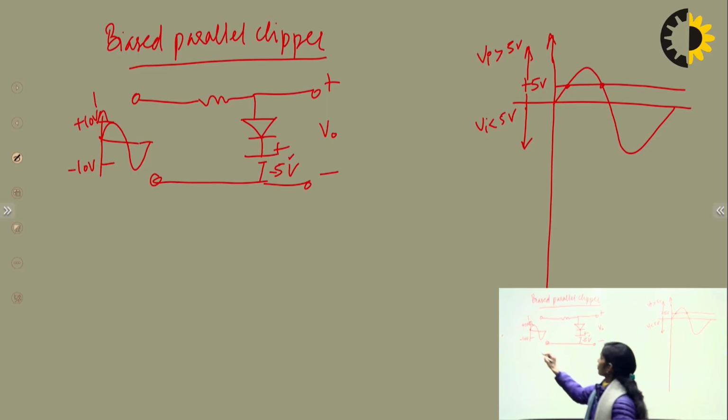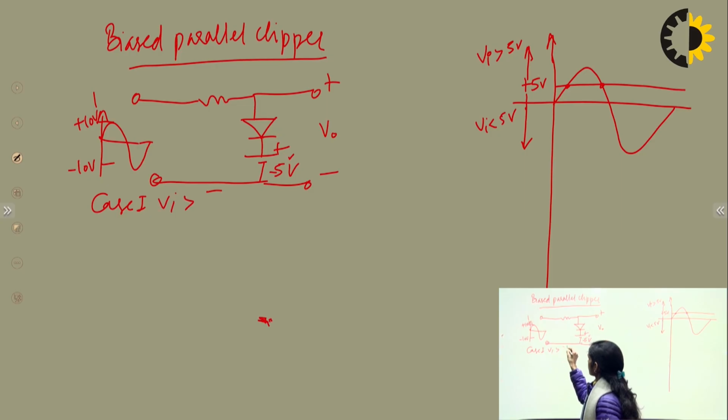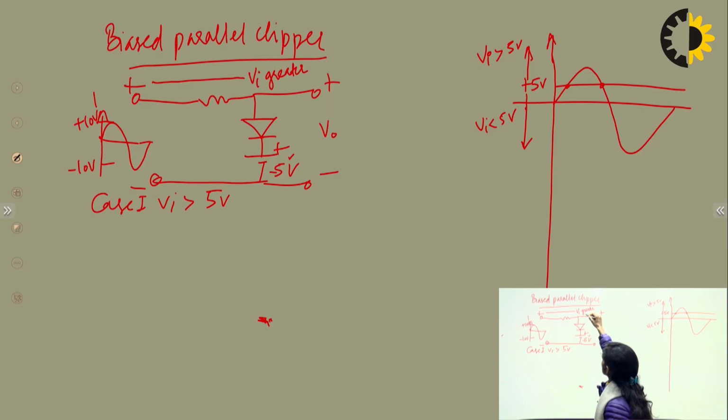And now we are going to take two cases. Case 1, Vi greater than 5 volt. Now look into how the diode will behave. Either it will be forward biased or it will be reverse biased. So if Vi is positive and greater than 5 volt, this potential is higher and this will be lower potential.